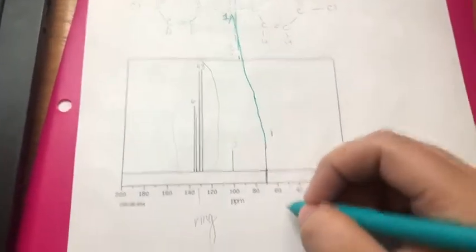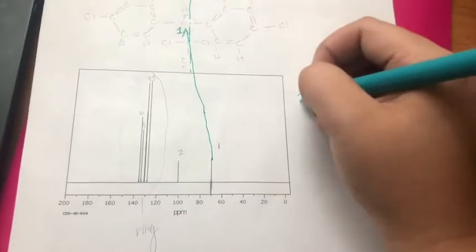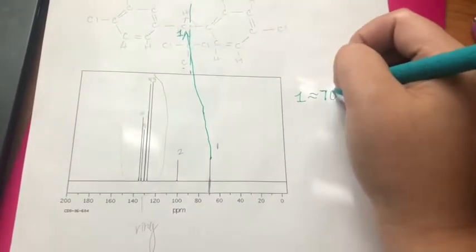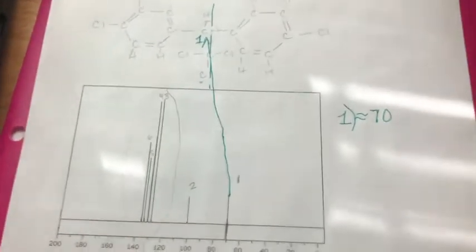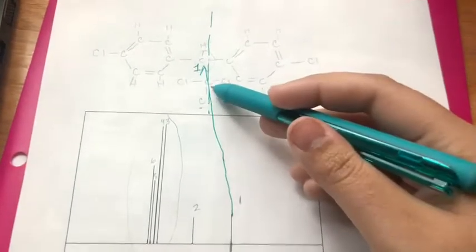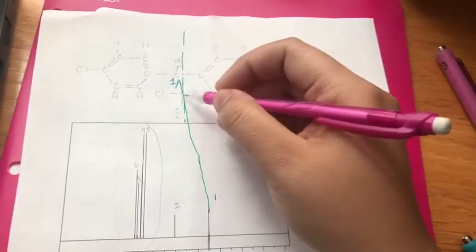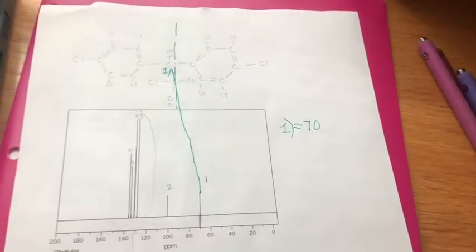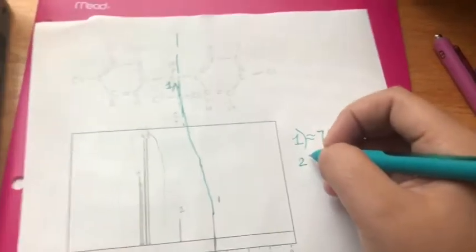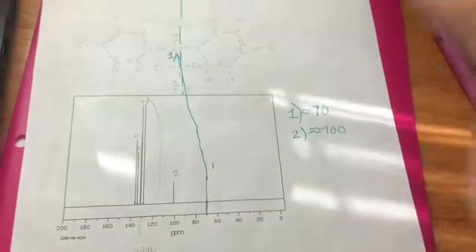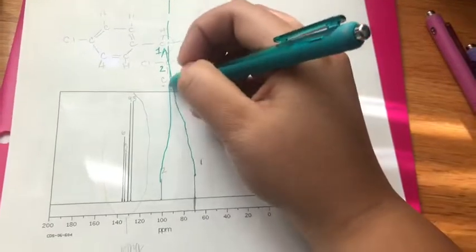And that's at about, make a list right here, 1 is at about 70. Now 2 is going to be this other carbon right here. Since we know that these are the ring, this carbon is the only carbon that could be. So 2 is at about 100. Let's put that right there and draw that arrow to it.